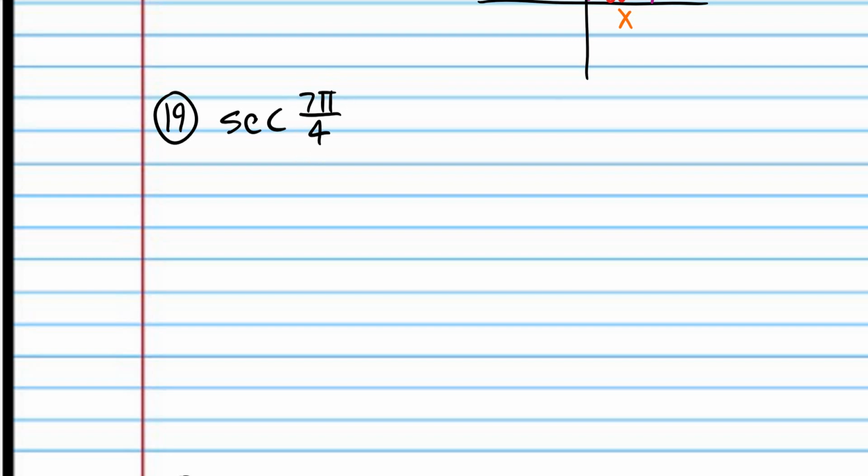But that may be a little difficult to think about when you first learn radians, so we're going to convert that radian measure to degrees, and 7 times 180 is 1260.